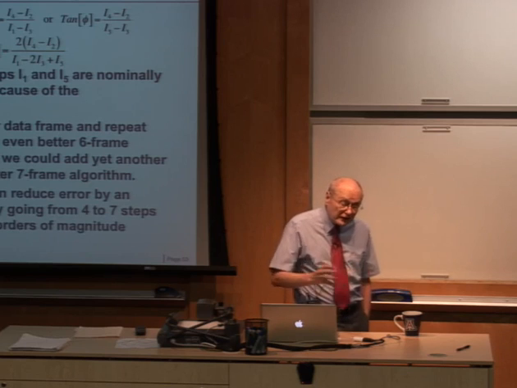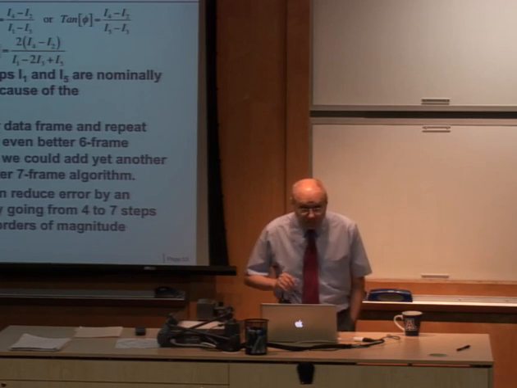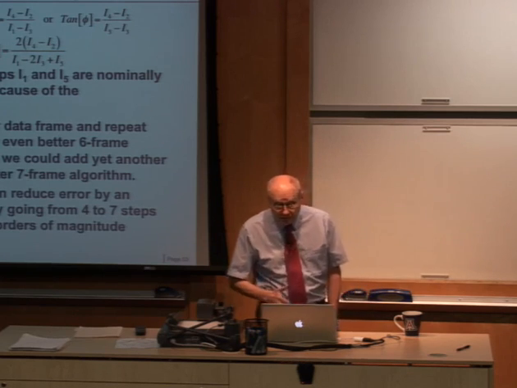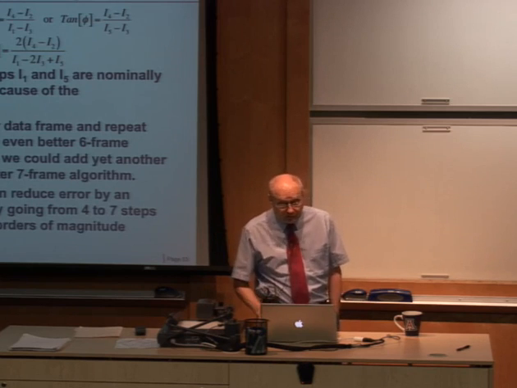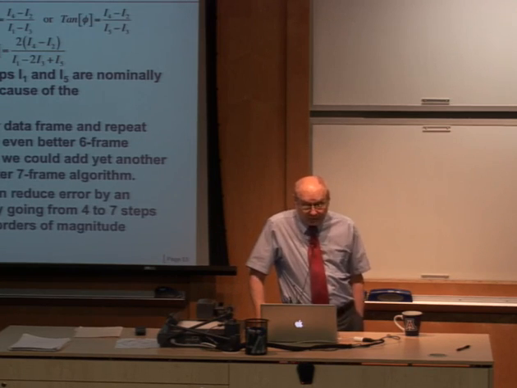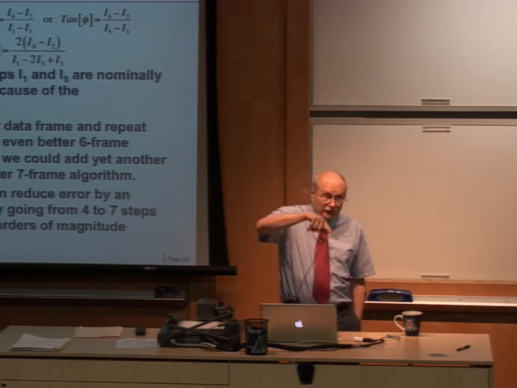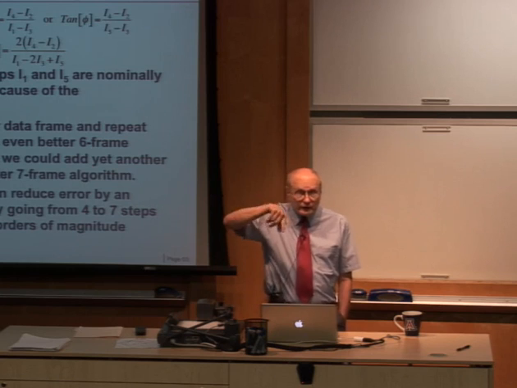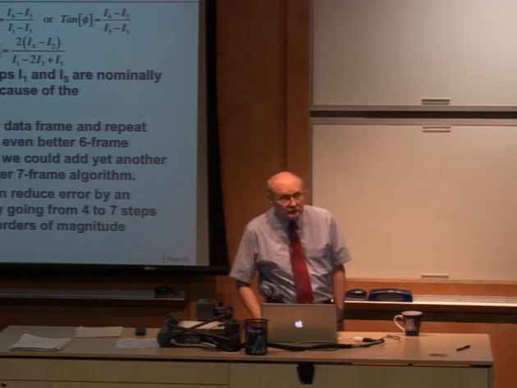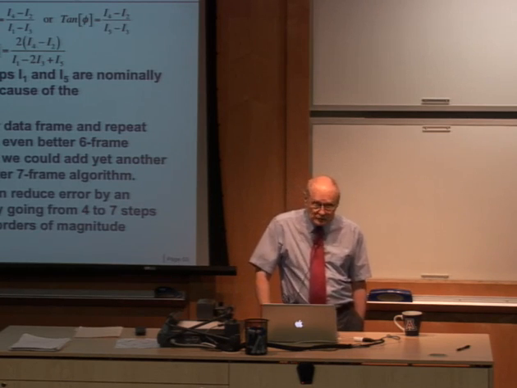But whatever the phase shift is, we could have an algorithm that was perfect for that if we knew what it was. But if we're assuming it's 90 degrees and it's not 90 degrees, we end up with that error. It just turns out to be double frequency, and it's almost exactly a sinusoid.